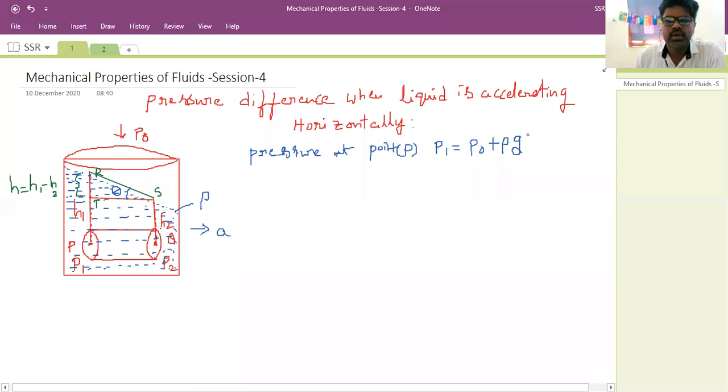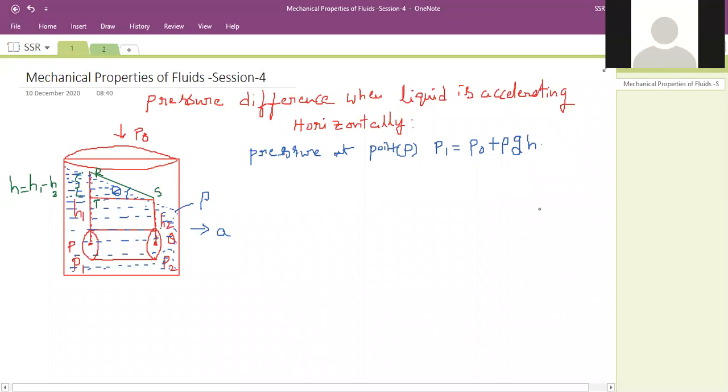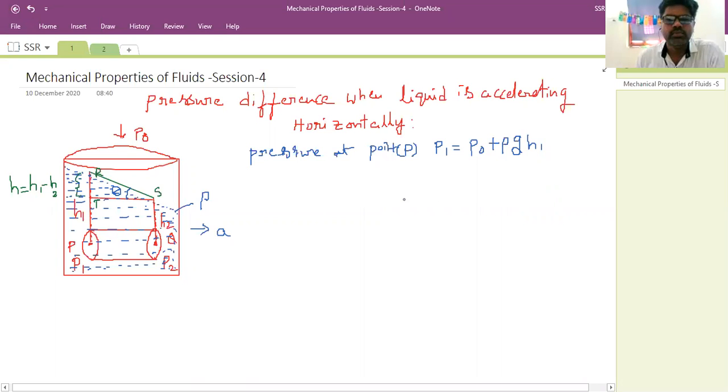P1 is equal to P naught plus rho g H1. Yes or no?